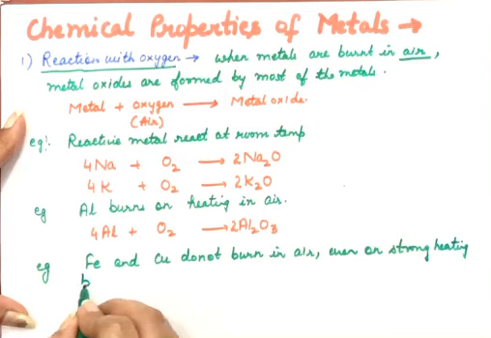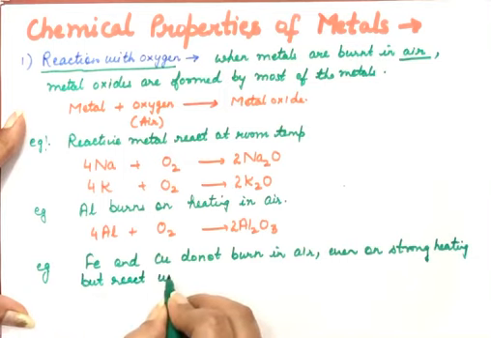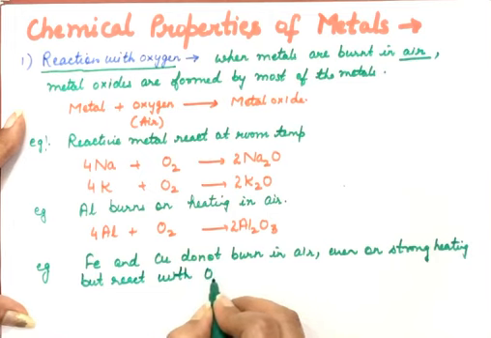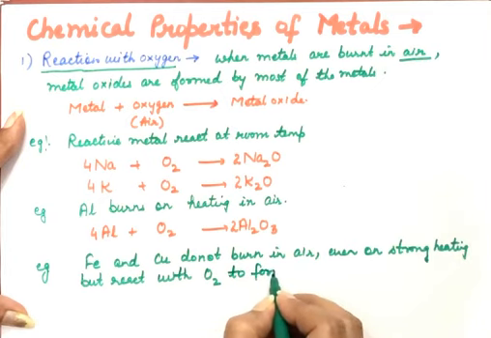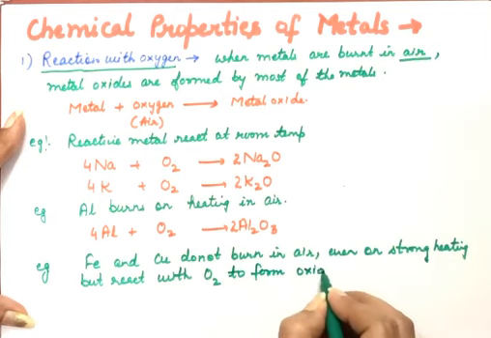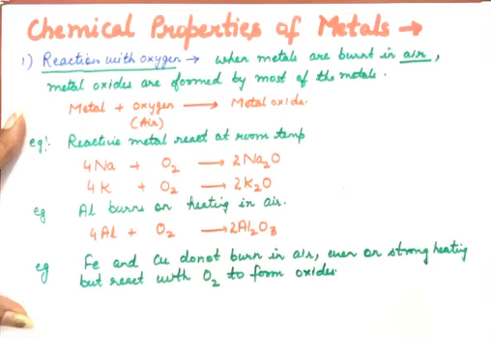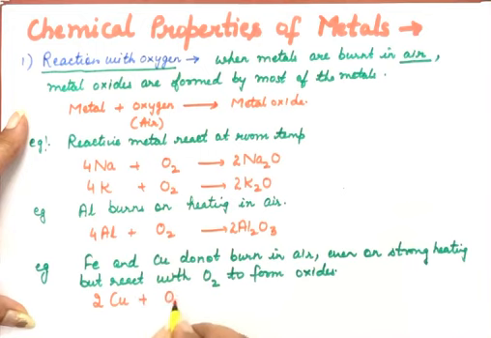But these two metals react with pure oxygen, not air. If oxygen is taken here, then they will react and form oxides. So copper reacts with oxygen, I'm writing the reaction of copper here, and it forms copper oxide. So these metals also form oxides.